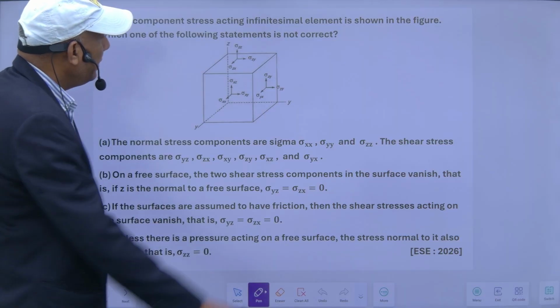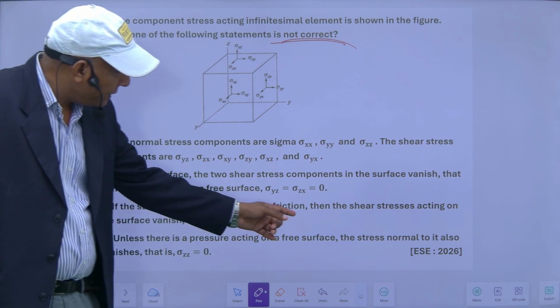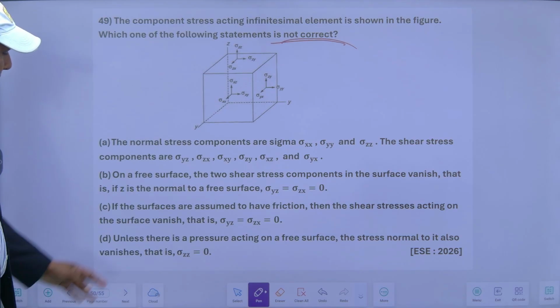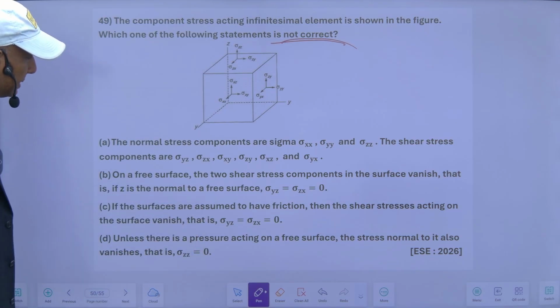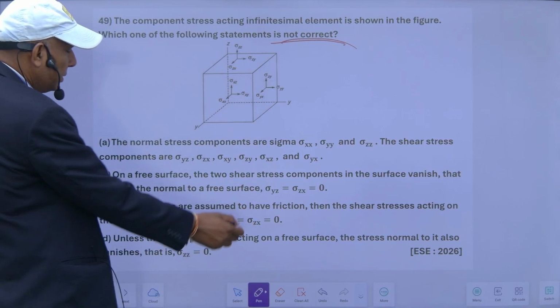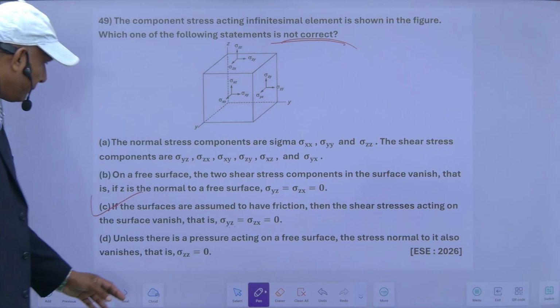So I have to find out which is not correct. Whenever there is friction, obviously shear stresses will be there. So they cannot be zero. Shear stress is this, sigma y upon z. These are my shear stress. This cannot be zero. So this is the right answer.